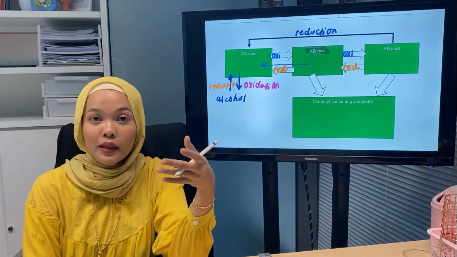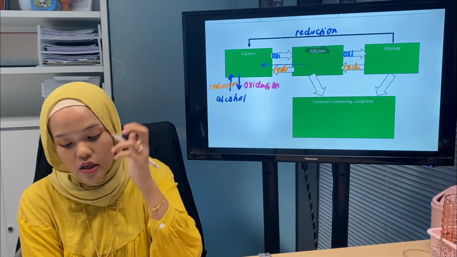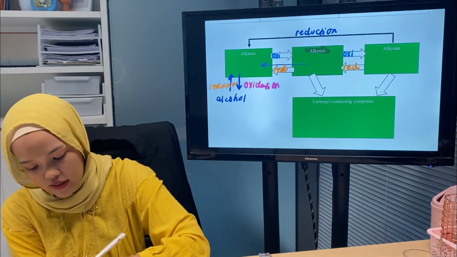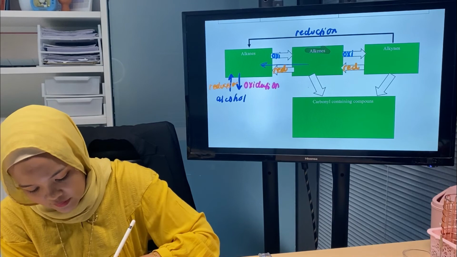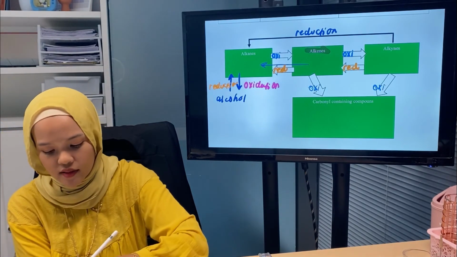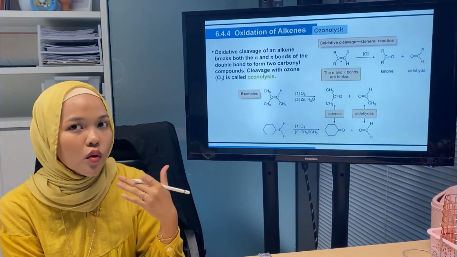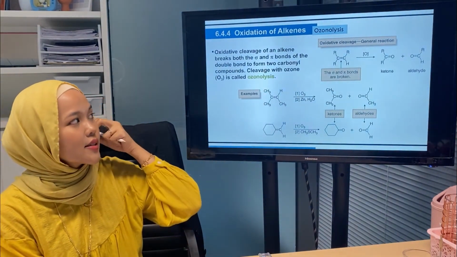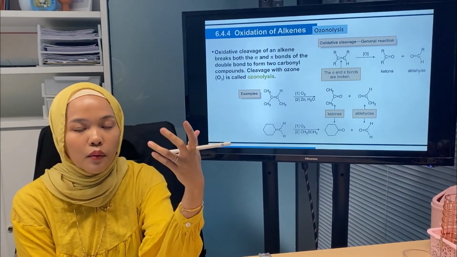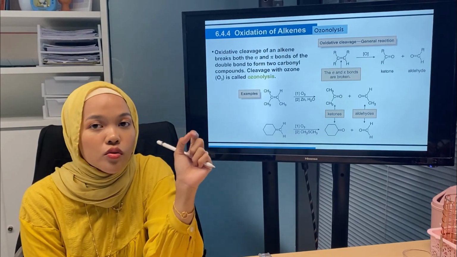When you have carbonyl, meaning it is a compound with oxygen, correct? So if it is with oxygen, this is an oxidation reaction. I am not going to go into detail on this. It's just that this reaction is what we call oxidation. But if you want to be specific, we call it ozonolysis.